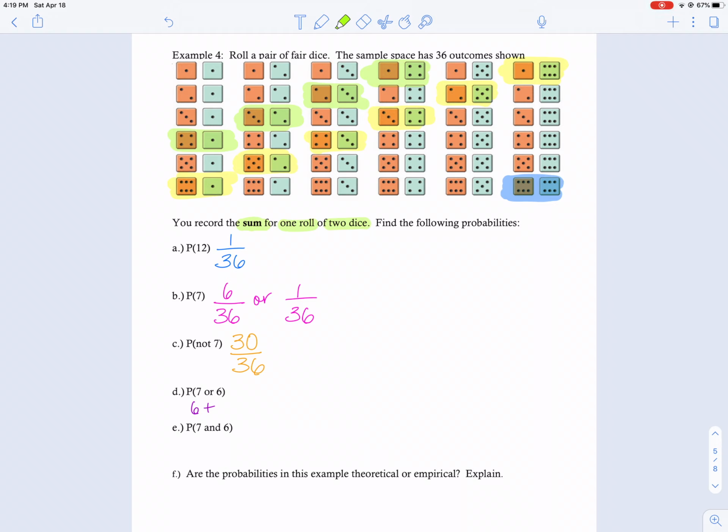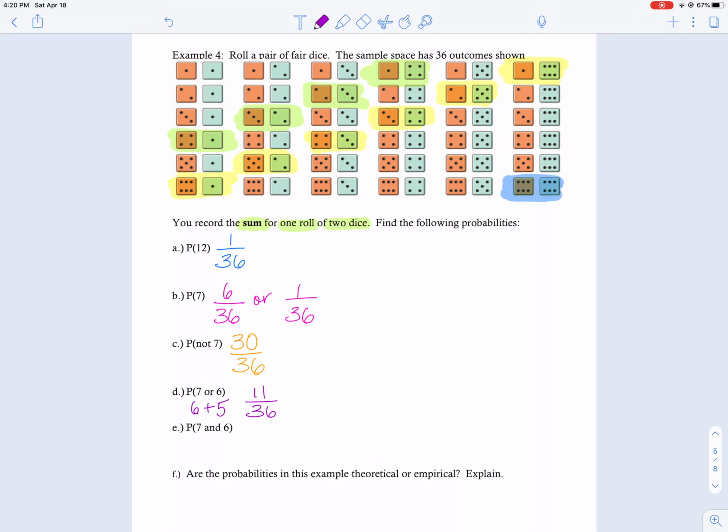All right, I know there's another one. It should be 5, but why am I not seeing it? So 6 plus 5 should be 11 out of 36.